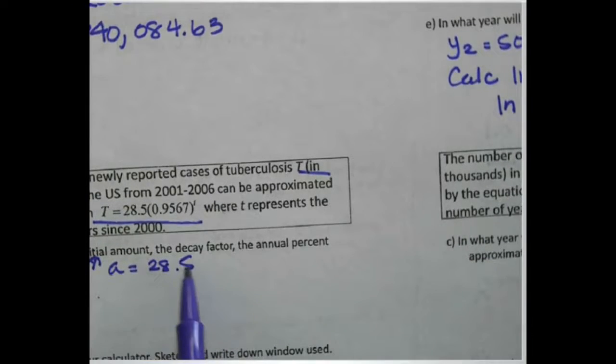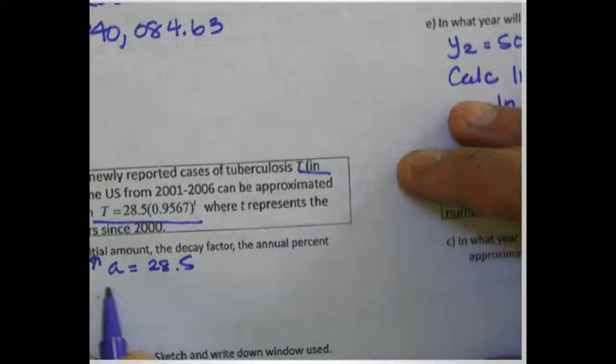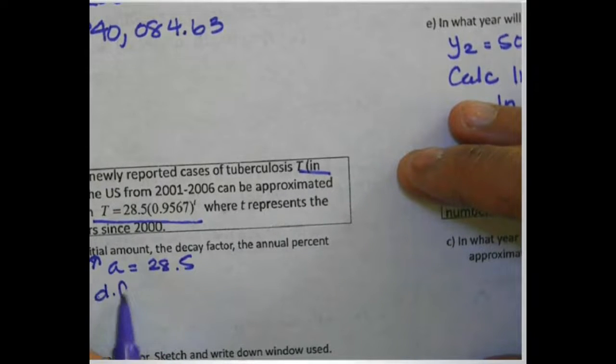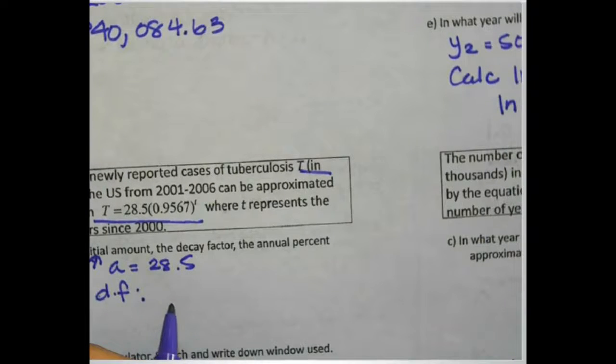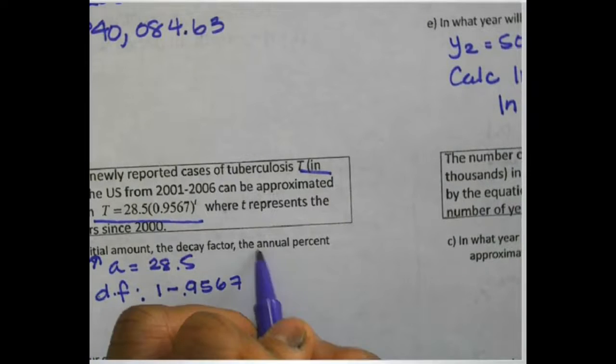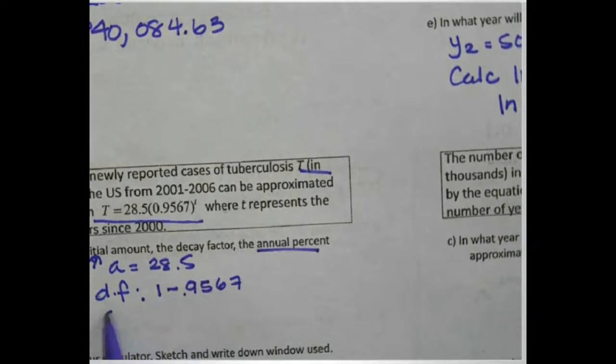The decay factor is going to be the 1 minus 0.9567, and that would mean what? That the percentage would be whatever this difference is.